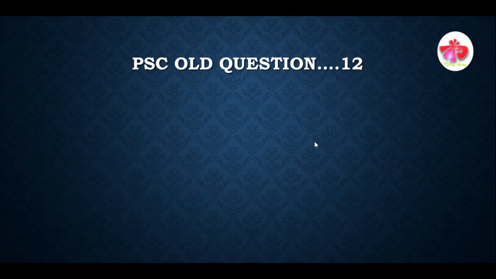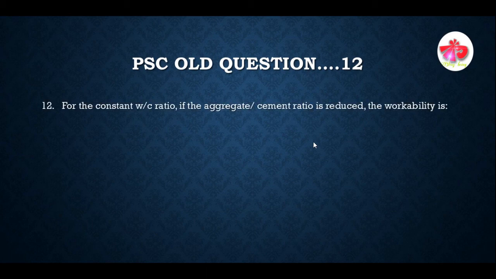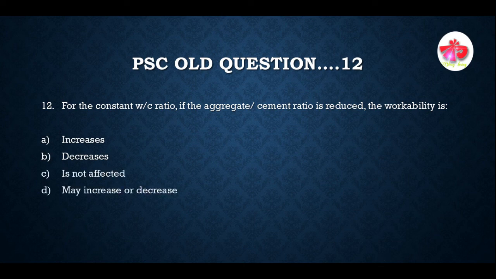Question number 12: for the constant water cement ratio, if the aggregate to cement ratio is reduced, the workability is: option A, increases; option B, decreases; option C, not affected; and option D, may increase or decrease.